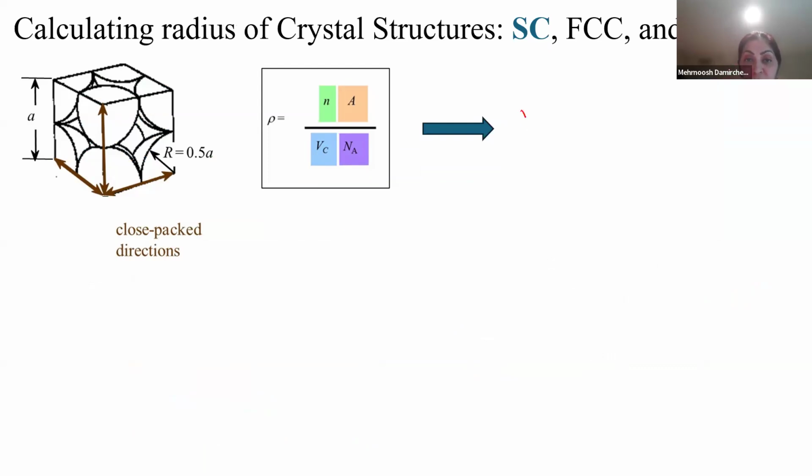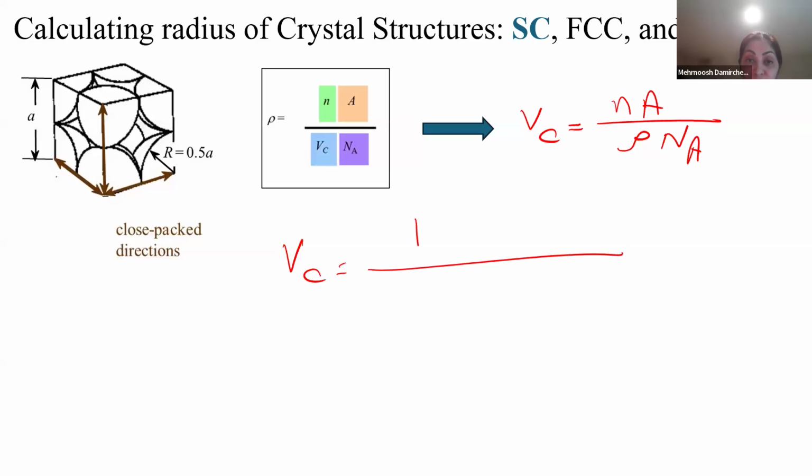Okay, here, what is VC? According to this fraction, it should be N times A divided by rho times NA. And N was 1, A you substitute from the previous table, rho substitute from the table, and NA is Avogadro number 6.022 times 10 to 23. Okay, what is this VC? VC for these structures is A cube.